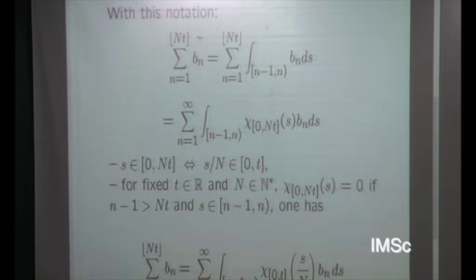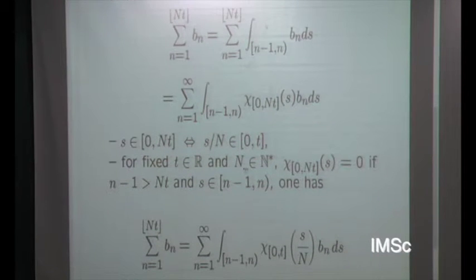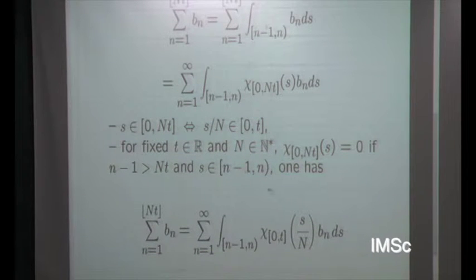And now notice that S belongs to nt if and only if S over n belongs to the interval 0t. Moreover, if S is large enough, larger than nt, this will be identically 0.